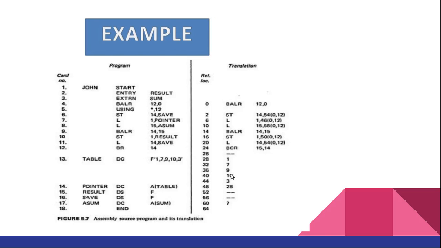In the object program, the relative address 28 contains the first data, which means if we load the entire program at starting address 0, then the 28th byte is the address of the table. Then the assembler will store the pointer, that is the relative address 48 value, as 28, the address of the table.